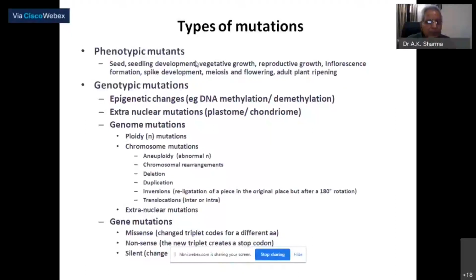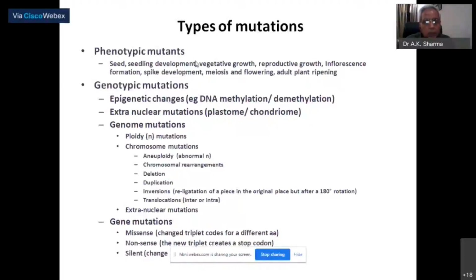But what the breeder is mainly looking at is the genome mutations, the changes which are taking place in the main chromosomal set of the plant. That is what is important. Of course, some of the extranuclear mutations can come from the mother side, but normally these chloroplasts and mitochondria may not be going from one progeny to the next progeny.